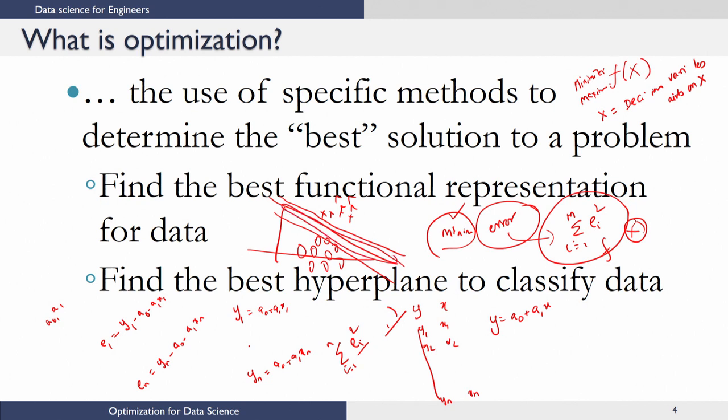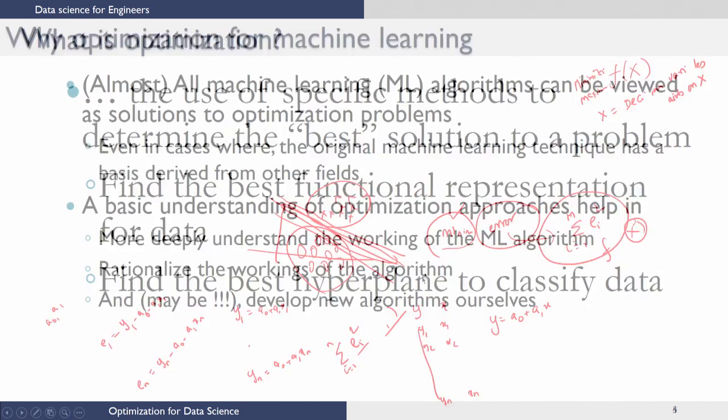And in this case, the function that I am trying to optimize is that when I choose a hyperplane, I should not misclassify any data. So, for example, I have to choose a hyperplane in such a way that all of this data is in one half space of the hyperplane, and all of this data is in the other half space. So, you see that again this classification problem becomes an optimization problem.